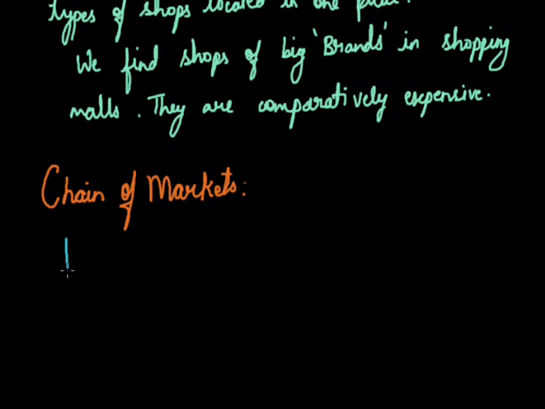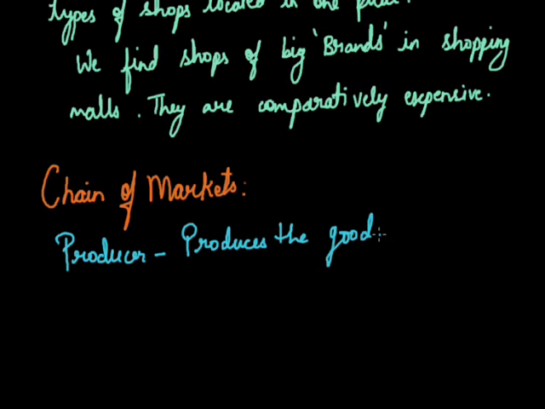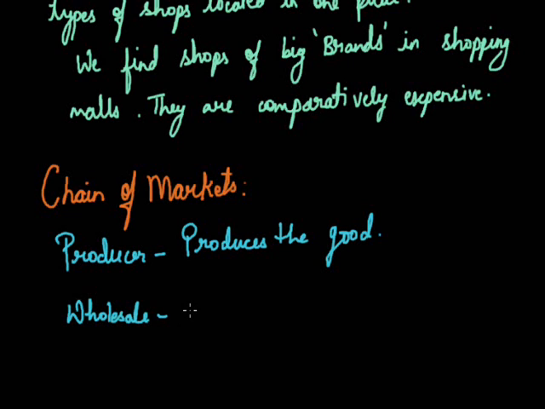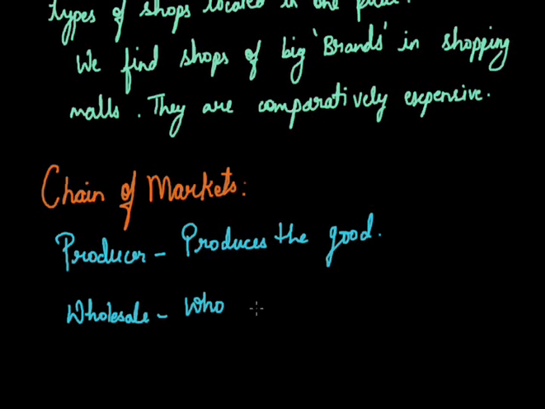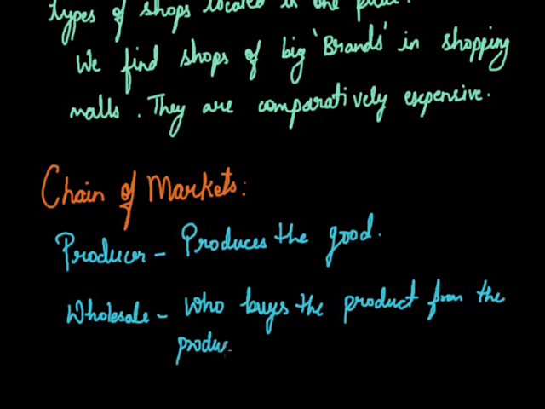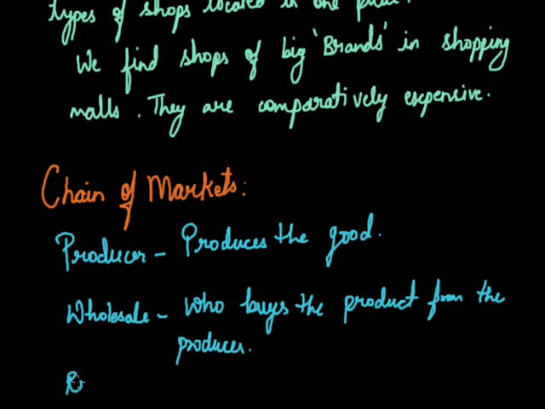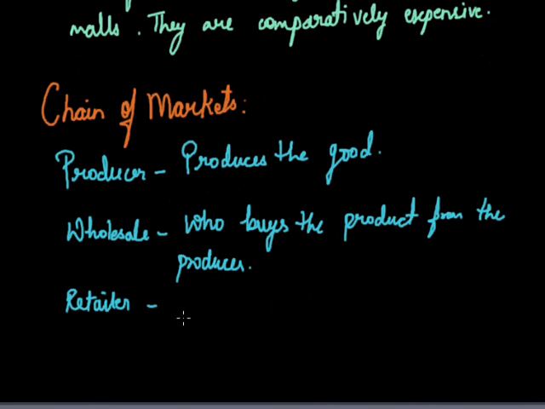The link begins with the producer who produces the good, then the wholesaler who buys the product from the producer in bulk, then we have the retailer who finally sells the product to the consumer.